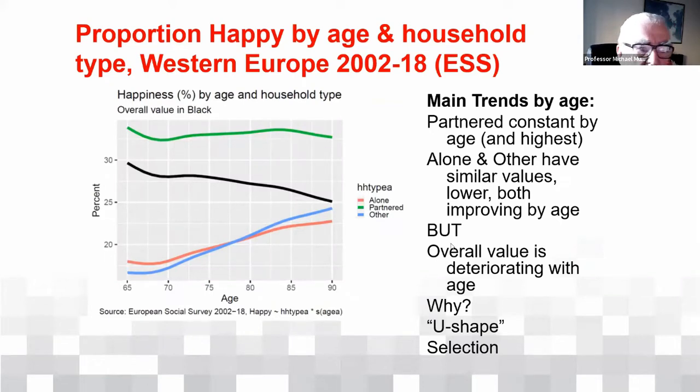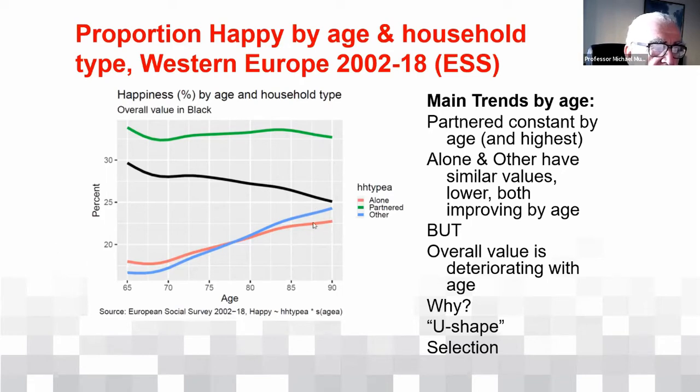So why might this be? Well, firstly, there is a tendency for happiness to reach a minimum among people at later working ages. This is a U-shaped distribution for happiness, and that tends to improve among older people, but then tail off at older ages. So it may be partly this so-called U-shaped distribution, but there's also selection as well. Why do these groups appear to improve their happiness so much with age? Well, partly because they're not the same people.